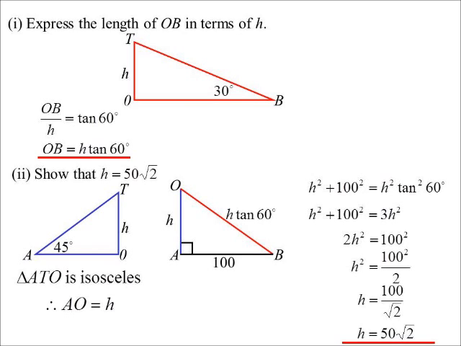And eventually, once we play around with our equation, there we go, 2h squared is 100 squared, and h is 100 over root 2, we're finally there, 50 root 2. So we used one of the vertical triangles to come up with the expression that AO was also h. Then we were looking at the base of the problem. So it was 100 metres due east and so on. We got that. All right.